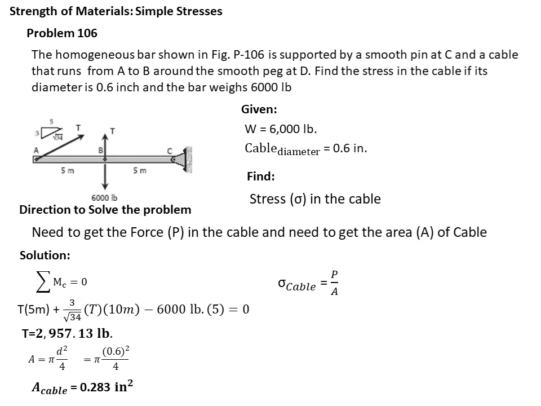Stress in the cable is equal to P over A. The P, it is the internal force acting on the cable, is 2957.13 pound. And then the area is 0.283 square inch. Okay, so let's solve. 2957.13 pound divided by 0.283 square inch.